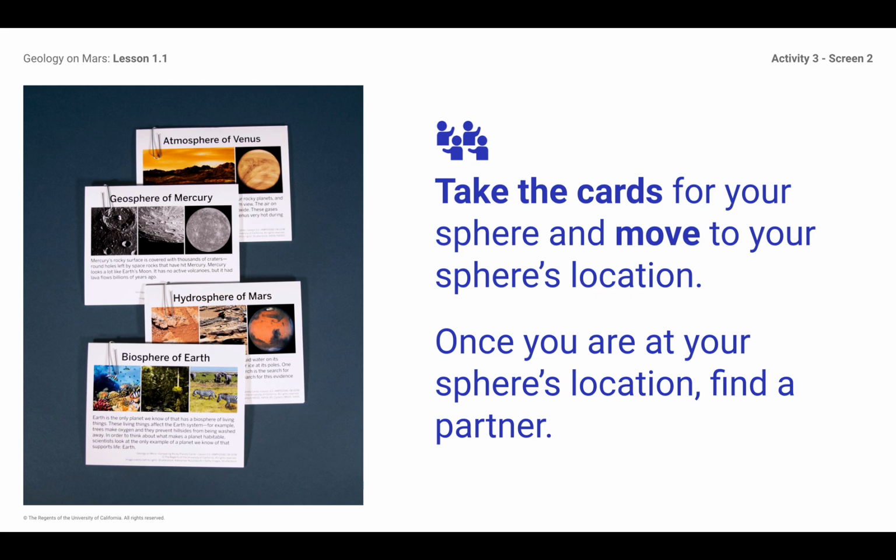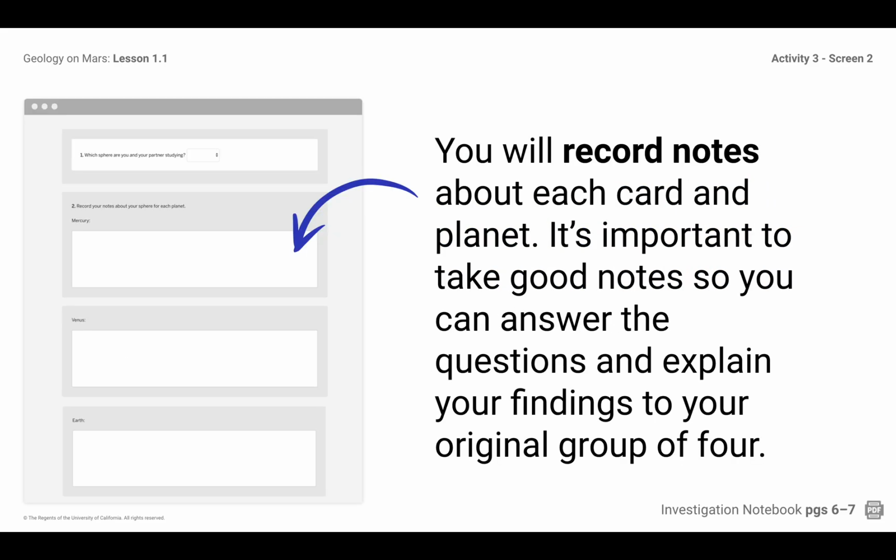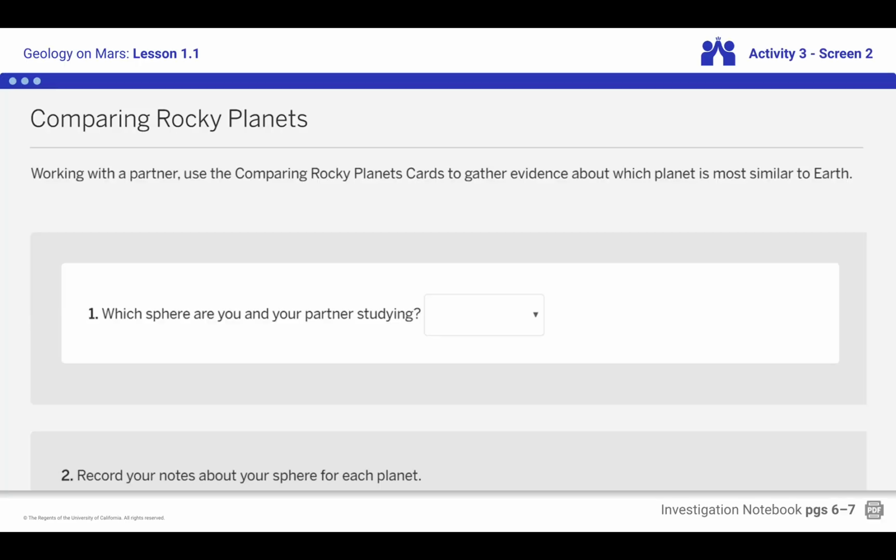While they were reading those, they filled out this questionnaire on activity 3 in lesson 1.1. Now, you cannot do this because you don't have the cards. But when you come back, you're going to be a part of the conversation where I'm going to have the kids share their findings with you so that you know what the different spheres are like on the other planets.